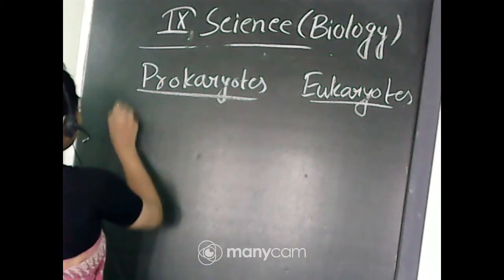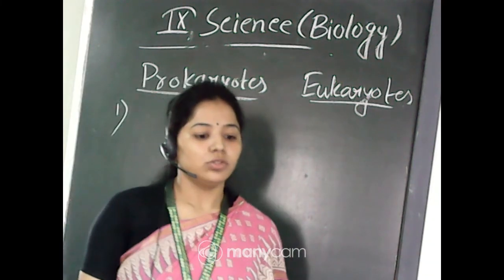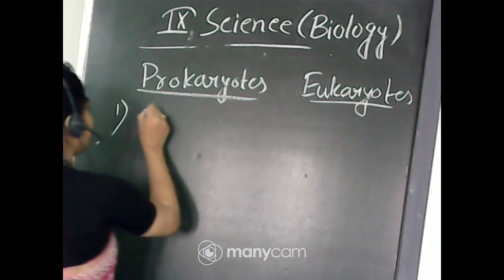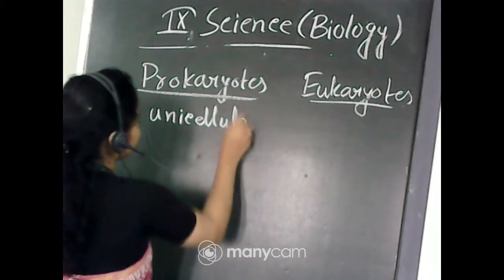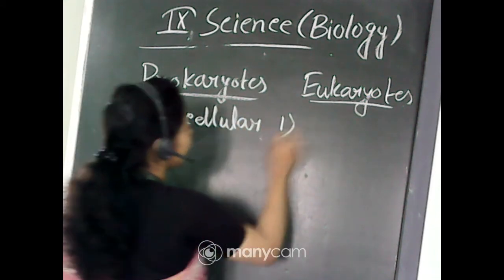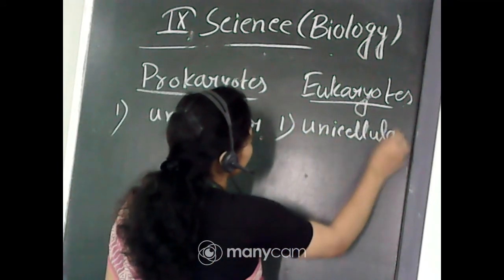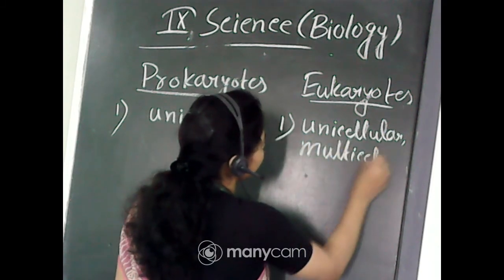I am just giving the main points of the difference. The first point: prokaryotes are mainly unicellular, and in case of eukaryotes, they are unicellular as well as multicellular.